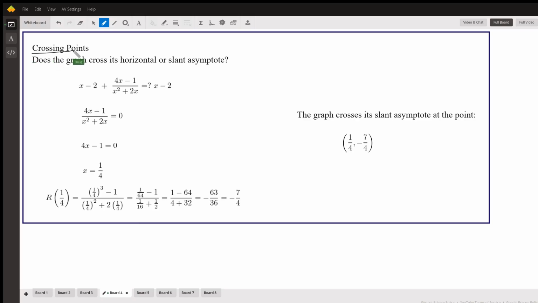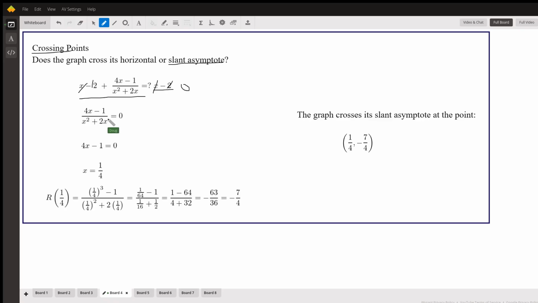Crossing points: does the graph cross its horizontal or slant asymptote? Of course, for our problem, we only have a slant asymptote. Here's the rule for the residual function. Here's the rule for the slant asymptote. Are these two ever equal? Well, of course, the x and the minus 2 cancel out, giving us a 0 over here.